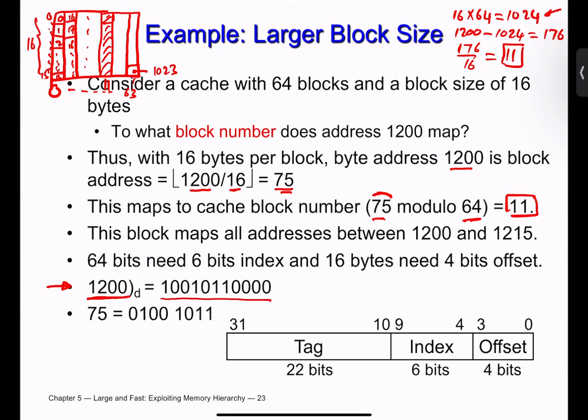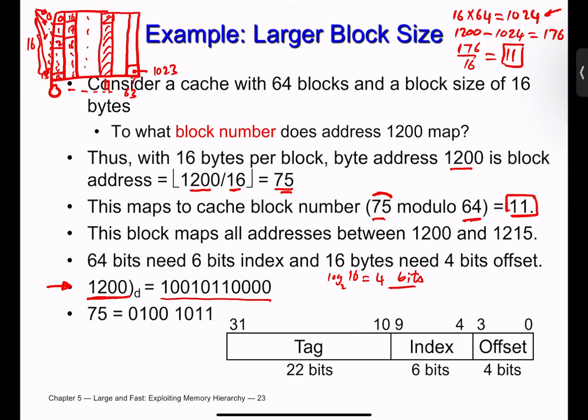First of all, we have here 16 different locations, correct? How many bits do I need to specify 16 different locations? It is log base 2 of 16, which is equal to 4 bits. Correct? So I just need 4 bits to specify a location among the 16 available slots.